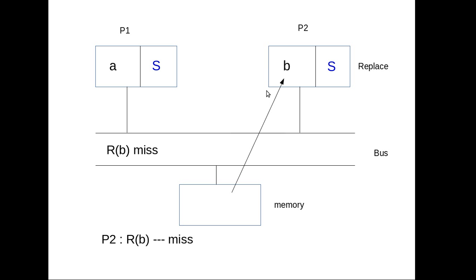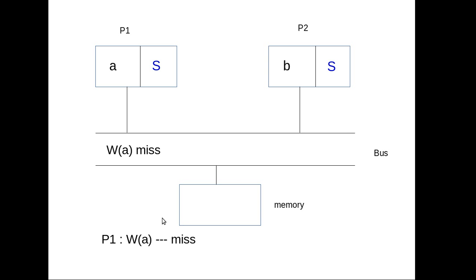Previously, the cache was with data A in shared state, and now it became data B with shared state. So we are moving from shared state to shared state on read miss, and we have seen the transition previously.